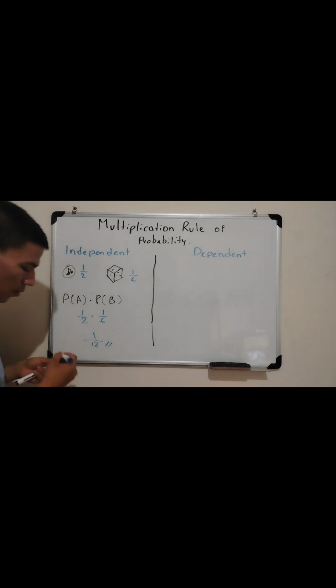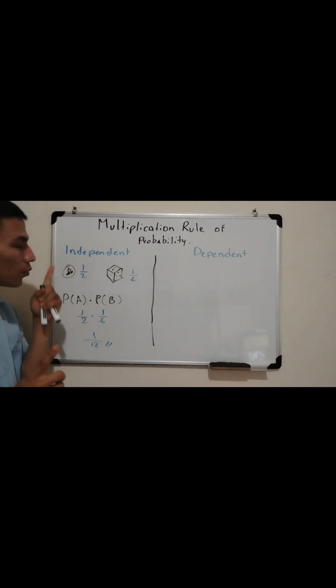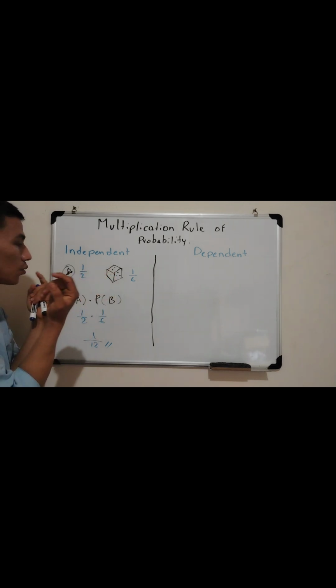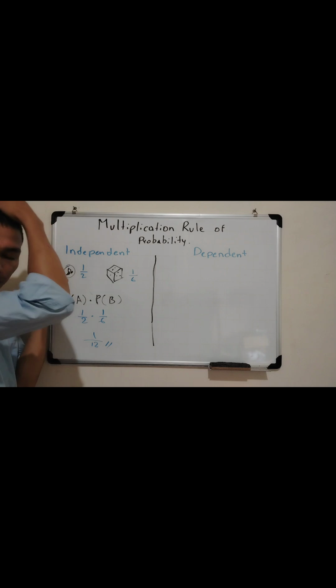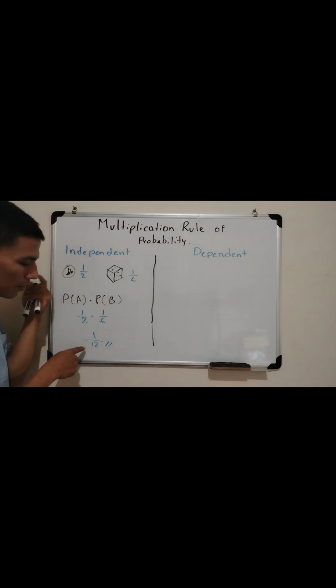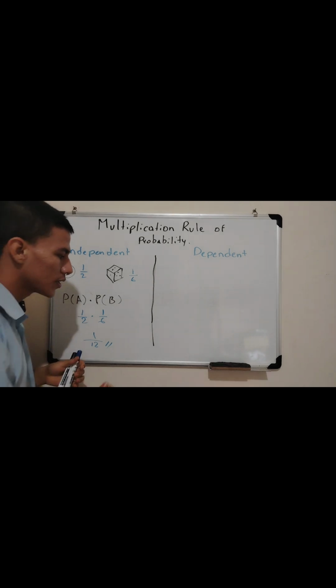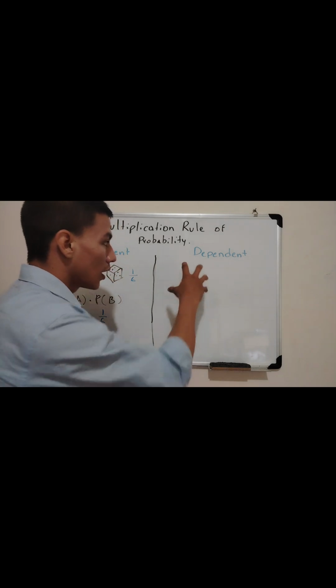And here is the probability of getting one result and another. Let's say that we want to have head and we want to have a 3. So the probability of that to happen is 1/12, or 1 divided by 12. That will be the same.